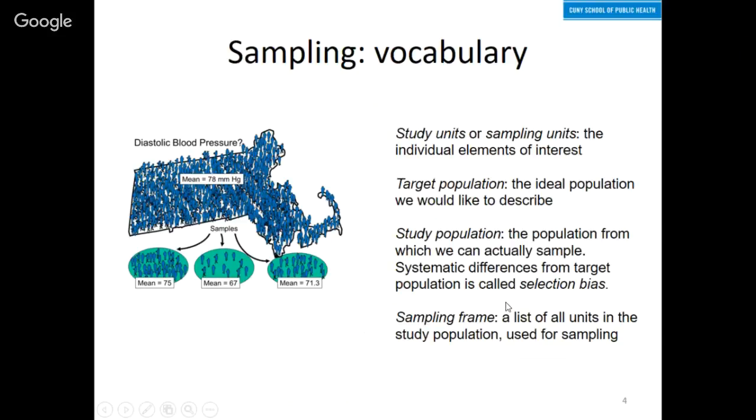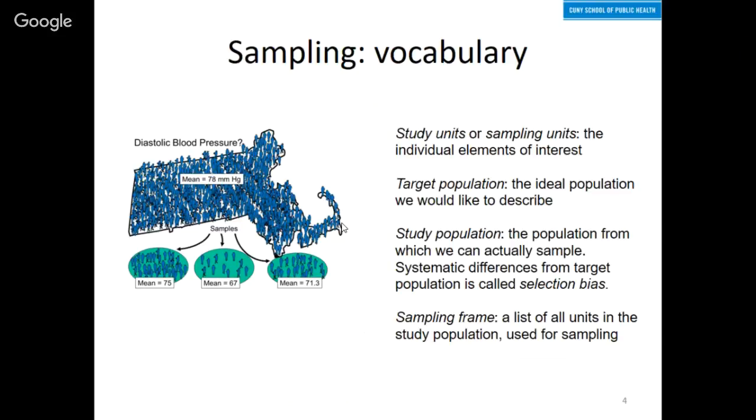And then finally, a sampling frame is just your enumeration of all of the units in the study population. So it could be, let's say, social security numbers, or something that is your list of the entire population that you use for sampling. And in general, if you are going to take a random sample, you have to have this sampling frame.